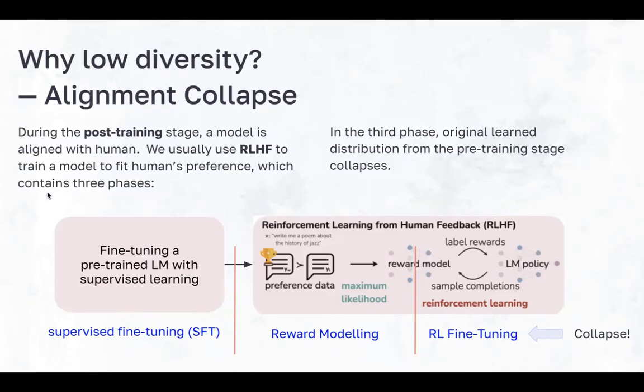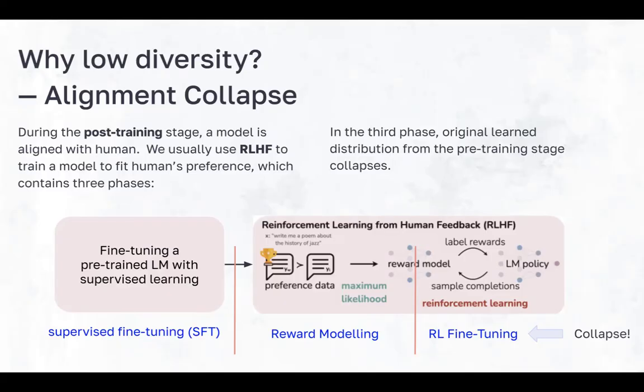We usually use RLHF to train the model to fit human preference, which contains three phases. The first phase is supervised fine-tuning. We have the pre-trained large language model, and then we use some prompt and answer pairs to train the model. So we get a basic policy model.